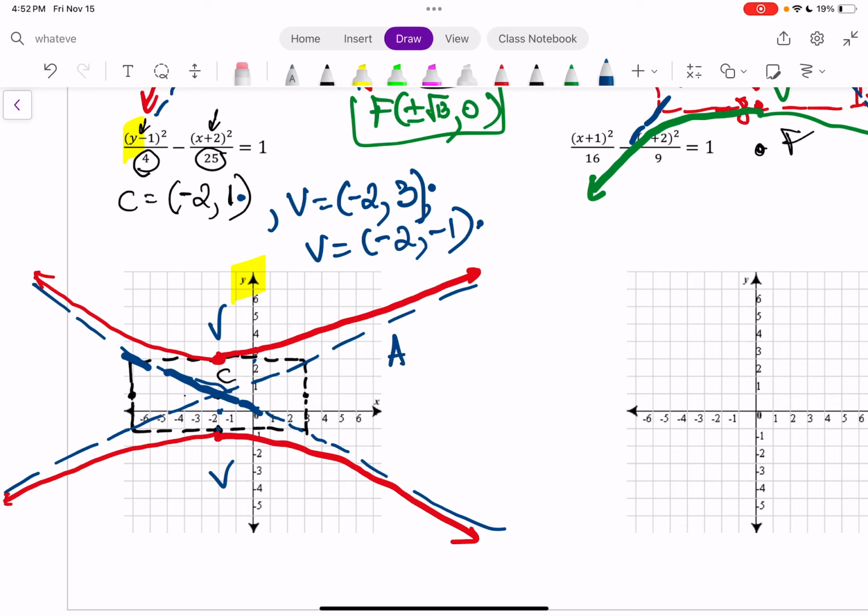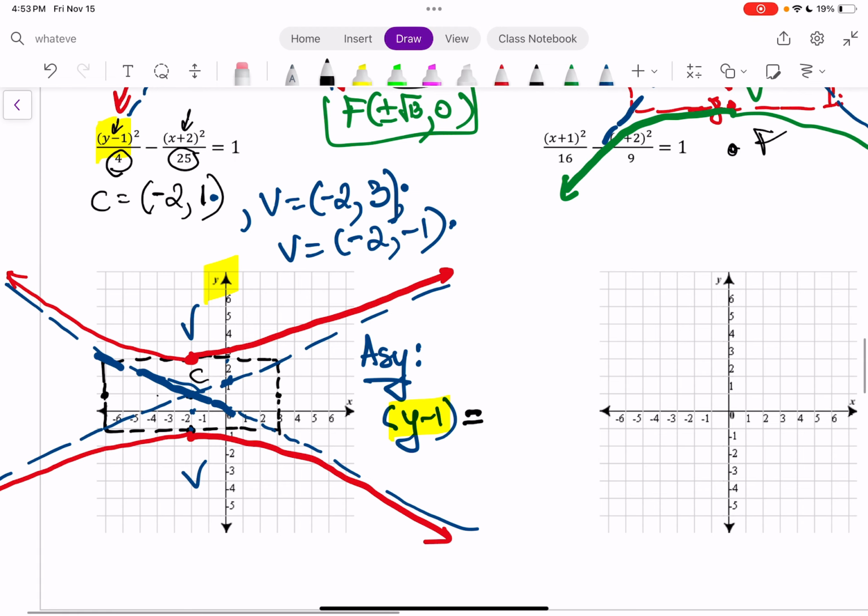The asymptotes, here's the trick of writing asymptotes. The fact is that you would not know what the b is, b is not 0 anymore, right? These asymptotes are crossing somewhere. We're not so sure why. But it's just the same as if you would shift them back to the origin. So instead of y, I write the y minus 1 is equal to mx.